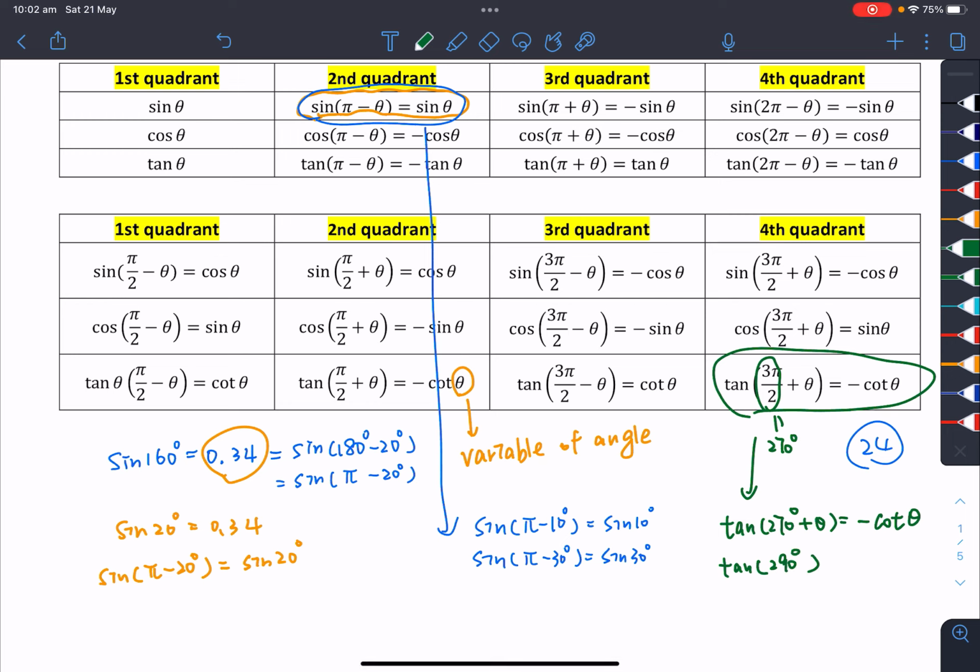Because 290 degrees equals 270 degrees plus 20 degrees. So you can just rewrite it as negative cosine 20 degrees. If you input a calculator, you will find out tangent 290 degrees is equal to negative cosine 20 degrees.